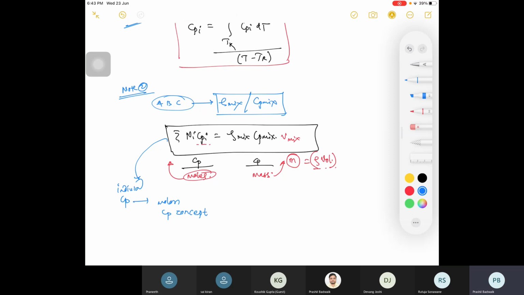And if they have said density of mixture is given and Cp of mixture is given, then you need to go for this term. You can replace that value anytime for a liquid phase reaction. This is only the temperature effect.